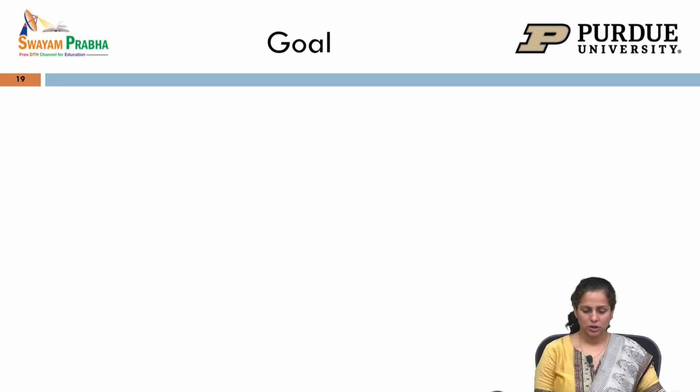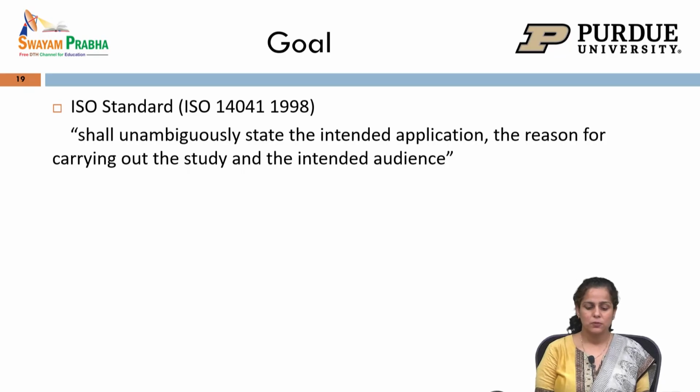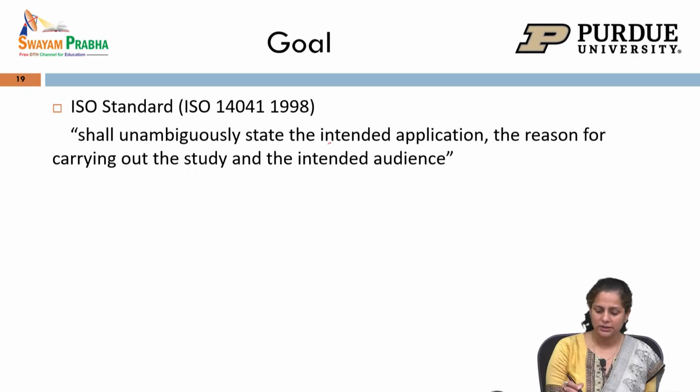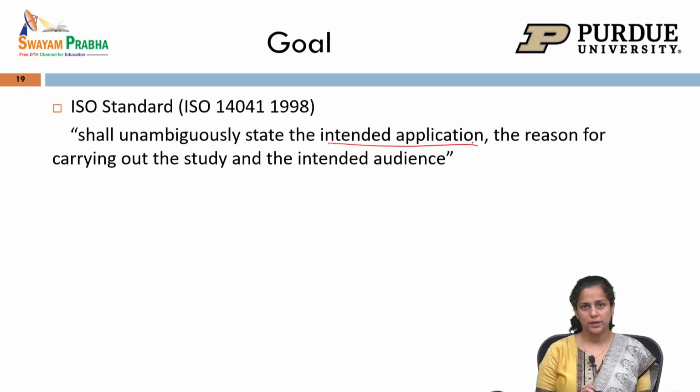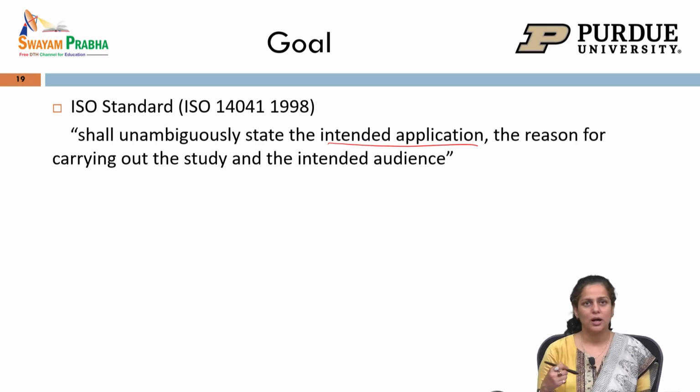So, let us focus on the goal first. What the ISO standard says the goal should do is that it shall unambiguously state the intended application, the reason for carrying out the study, and the intended audience. I would want to highlight that there are three very important aspects. One is the intended application. Why are you conducting the LCA? How the model is going to be used.